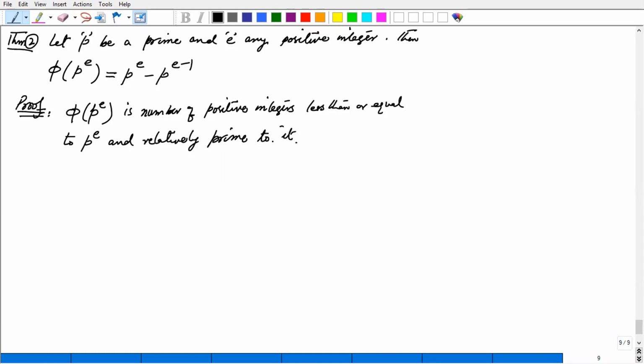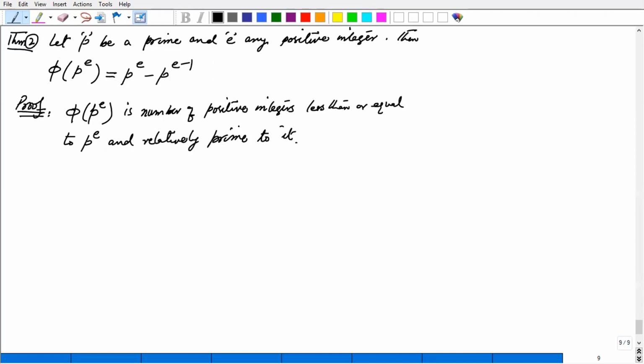Now we have to find those numbers which are positive integers less than or equal to P to the power E and relatively prime to it. And we know that P is a prime number and phi of P is P minus 1.